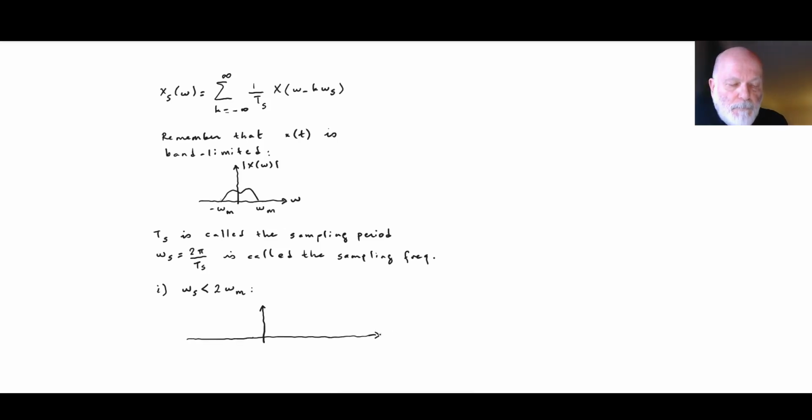Again, since Xs of omega is in general complex valued, we are considering only the magnitude graph. So since omega s is less than 2 omega m, the shifted replicas of X of omega will overlap in this case.